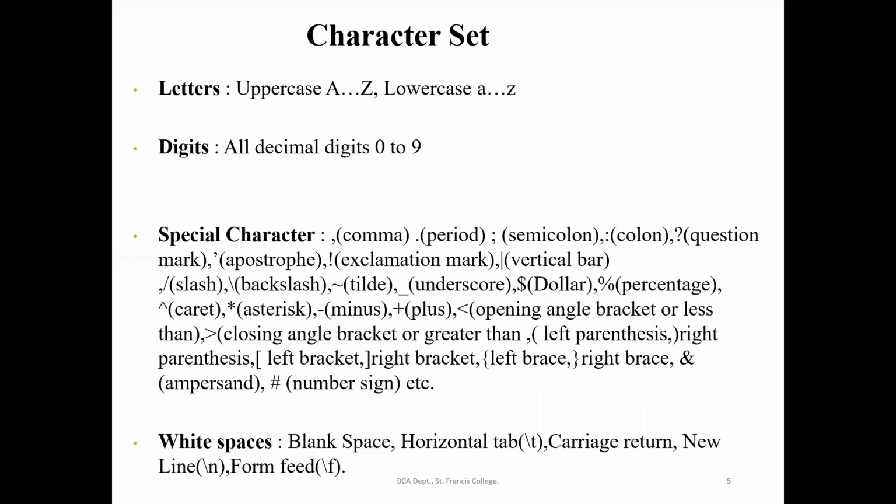Carriage return will take you to the beginning of the same line where the cursor is. But new line will take the cursor to the beginning of the next line. So the difference between carriage return and new line is that carriage return takes you to the beginning of the same line where the cursor exists. I'll show you all these when we execute in the lab program also. New line will take it to the beginning of the next line. Understood? Then form feed means it will skip the current page where the cursor exists and move on to the beginning of the next page.